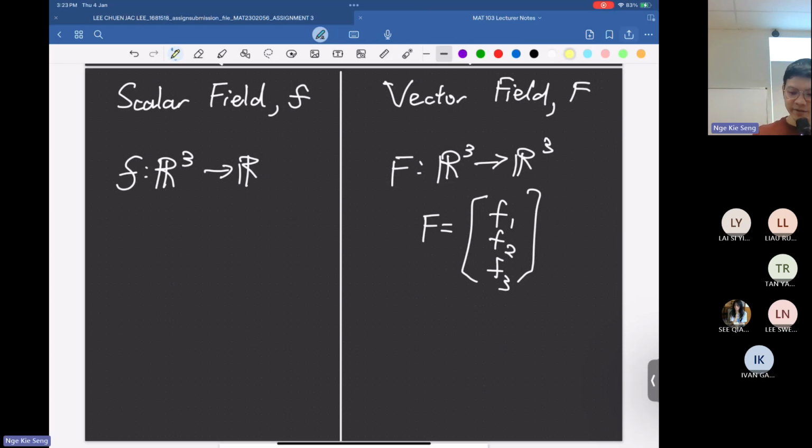Do you want an example? Okay, let's look at one example. For example, f(x, y, z) equals x. You give me 3 numbers, I give you 1 number. How about big F?